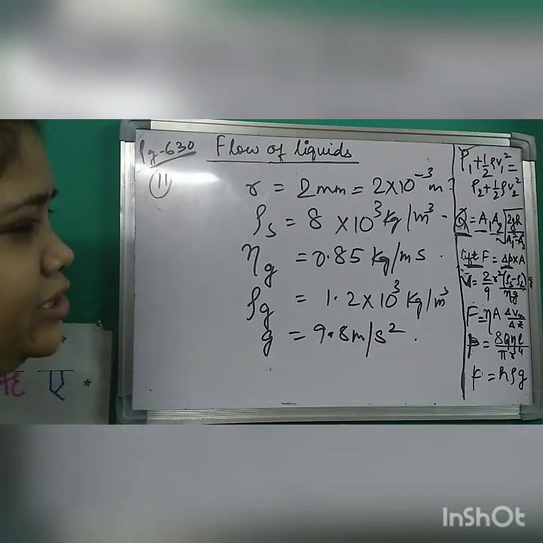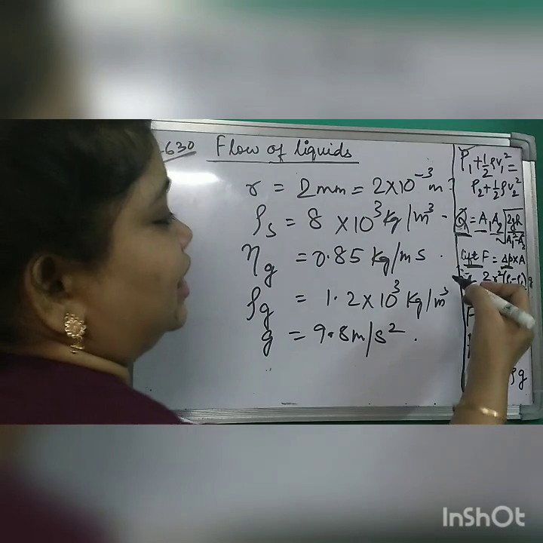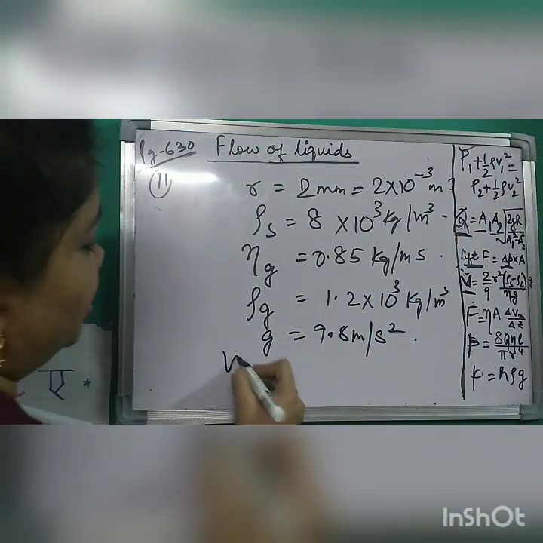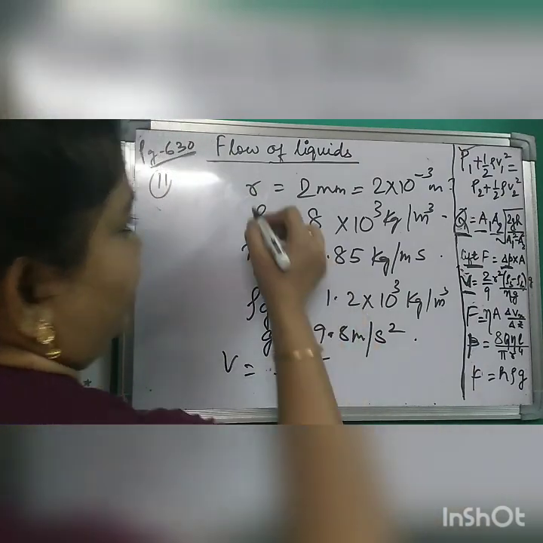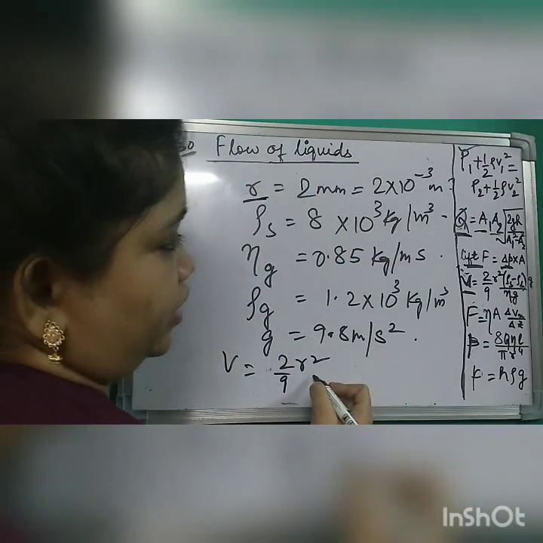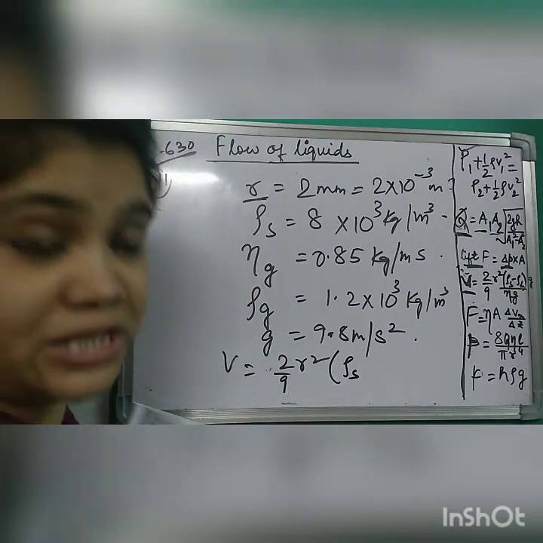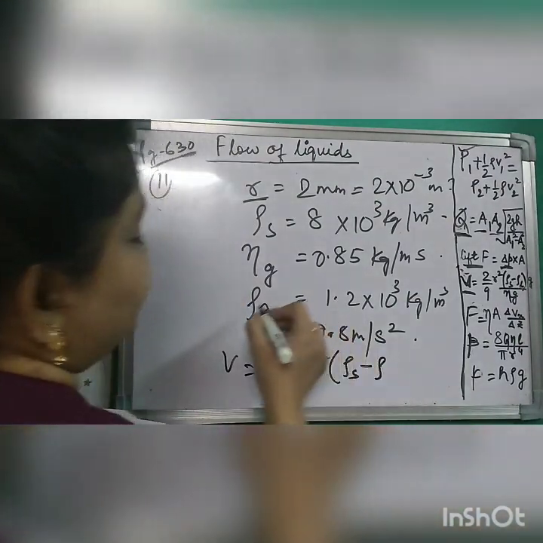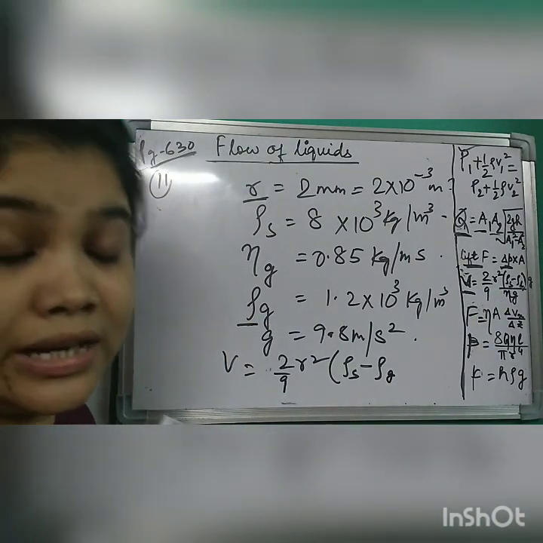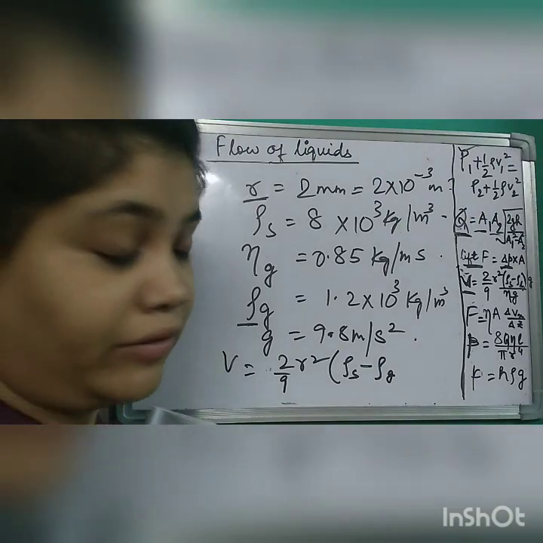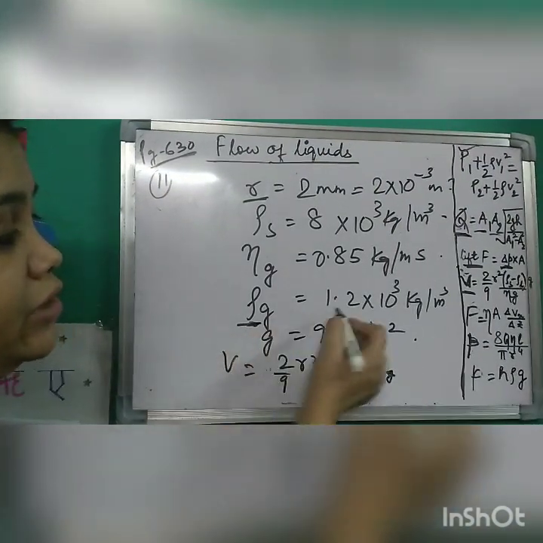Obviously you can understand they have asked you the terminal velocity, a direct question. That means you have to find out V. So what is the formula? V is equal to 2 by 9 r square, rho s minus rho l, into g by eta. Rho s means the density of steel, minus the density of the liquid, and the liquid here is nothing but glycerin, as I have written, 1.2.